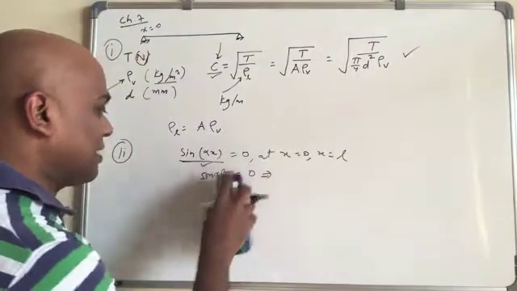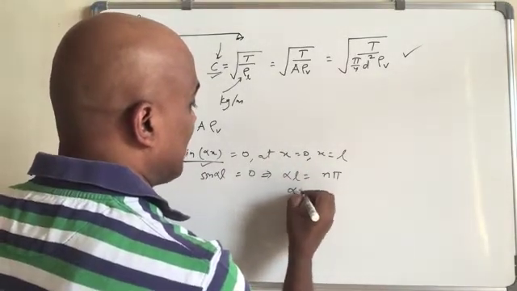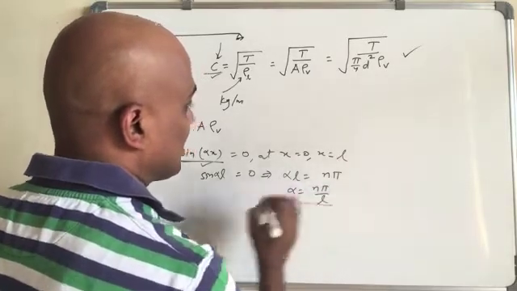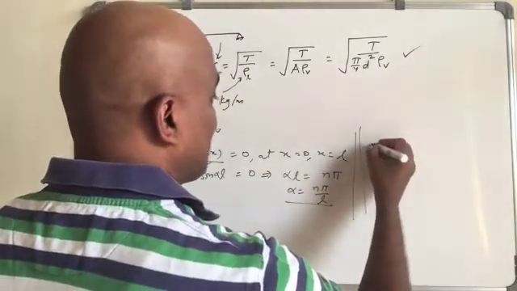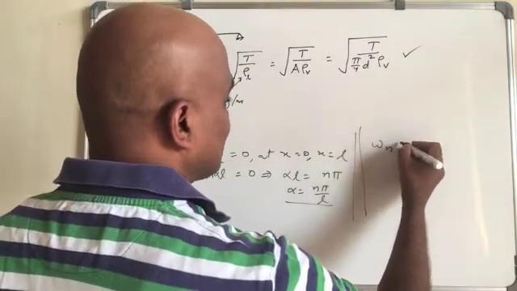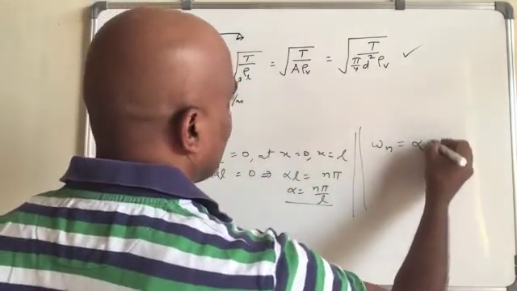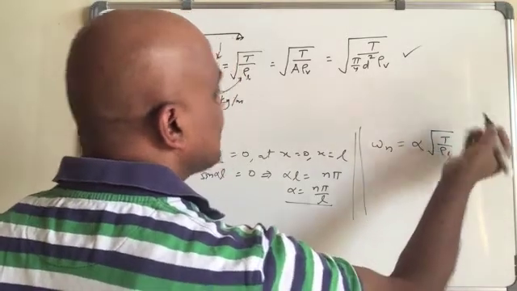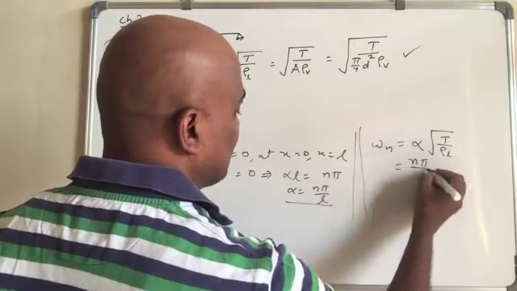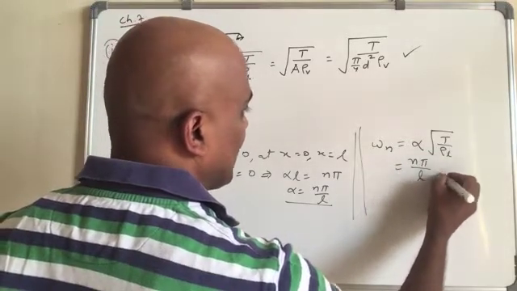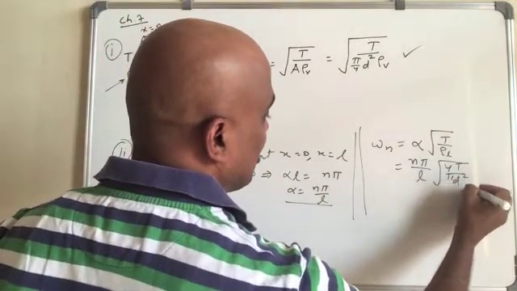Okay, alpha L equal to 0, which is only possible when alpha equals n times pi, and hence alpha equals n pi over L. So this is alpha. In the lecture videos, you will see that omega n is equal to alpha times c, basically simply alpha times root of T over rho L. So the natural frequency is n pi over L times root of 4T over pi d square rho v.